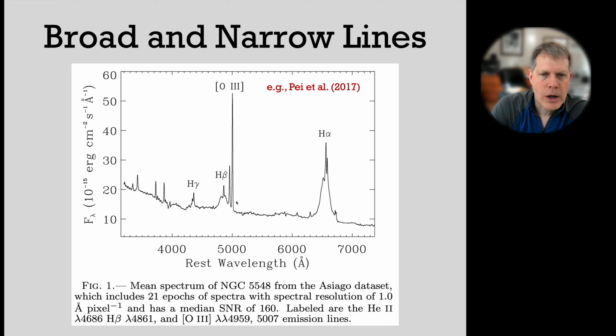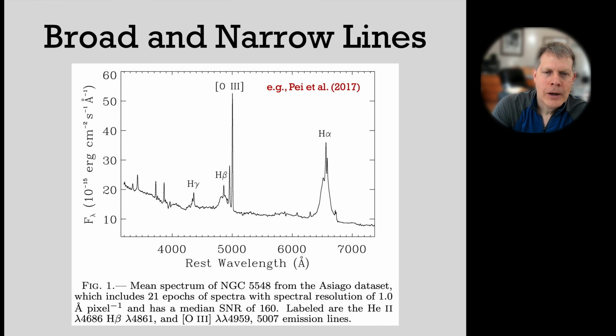Another point which I just want to highlight here is that many of the emission lines have a composite nature to them. Look at H beta here. You have this clear broad component to it, and then you have this narrow line component spike sitting up here. And similarly for H alpha here. So some of these lines have both a broad line component and a narrow line component.